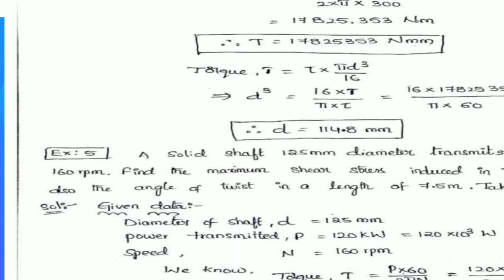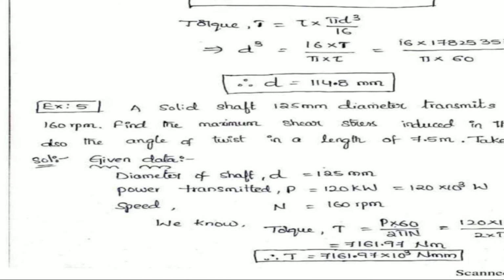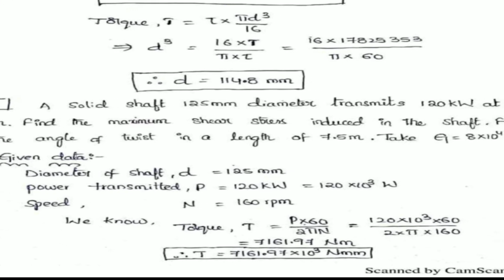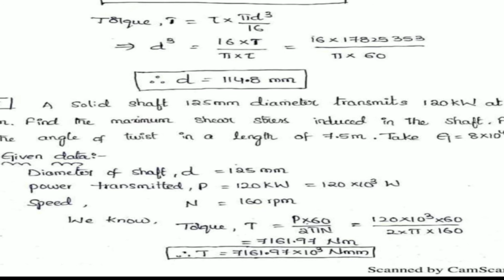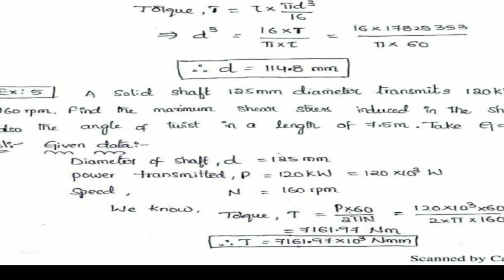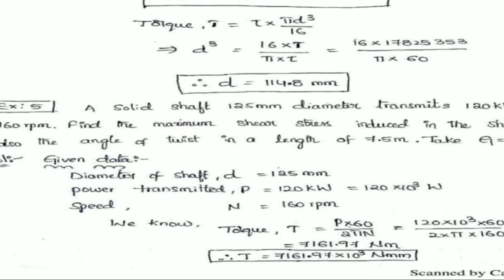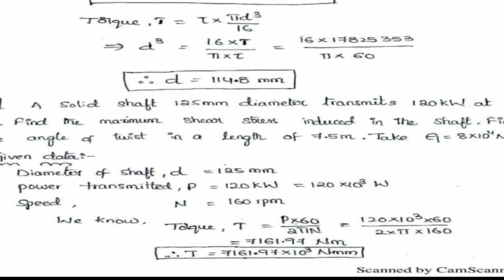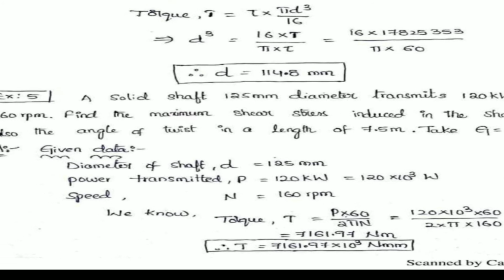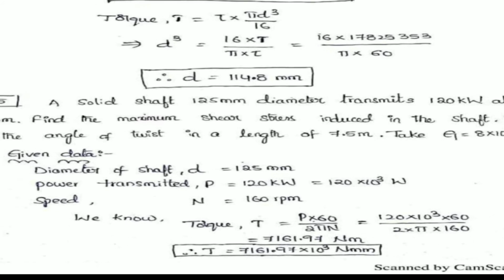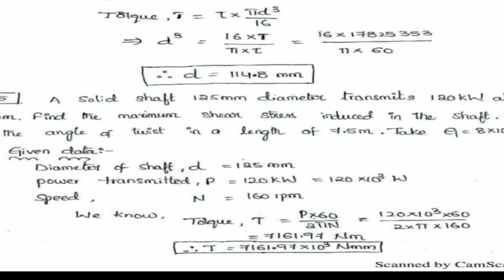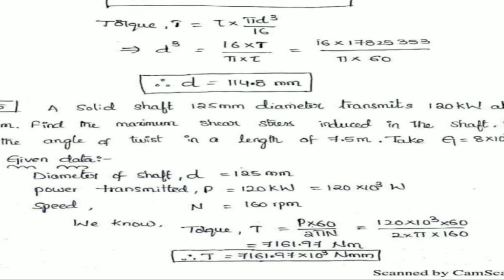The fifth problem is also the same: a solid shaft of 125 mm diameter transmits 120 kilowatts at 160 rpm. Find the maximum shear stress induced in the shaft. Find also the angle of twist in a length of 7.5 meters.